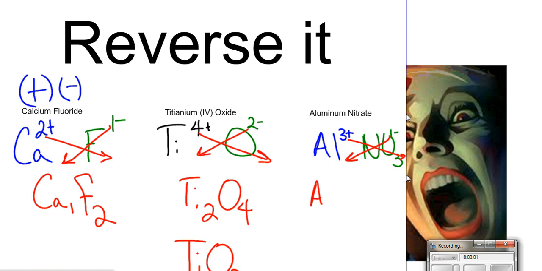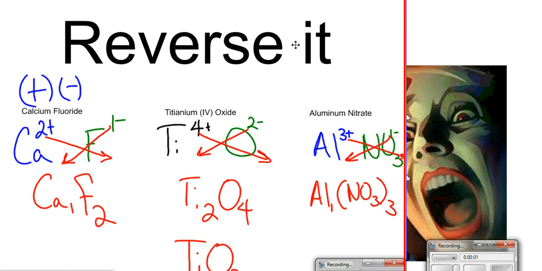We end up with aluminum, open a parentheses, NO3, and then put that 3. Because you need 3 nitrate molecules to go with that 1 aluminum to balance out the charge. That is naming ionic compounds in a nutshell.